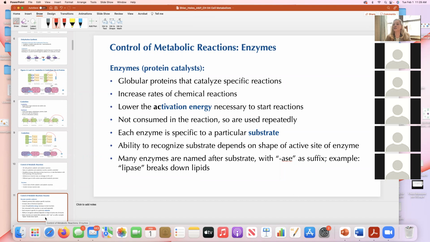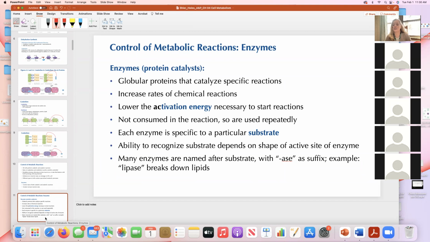Enzymes are not consumed in the reaction, okay? They just participate and then they kind of go off away so they can participate in other reactions. They just kind of help bring two reactants together to make a product, all right?